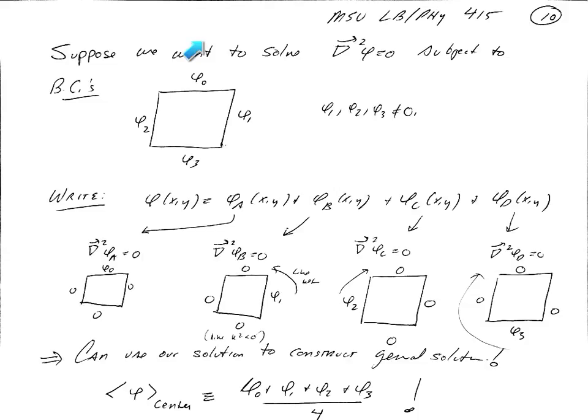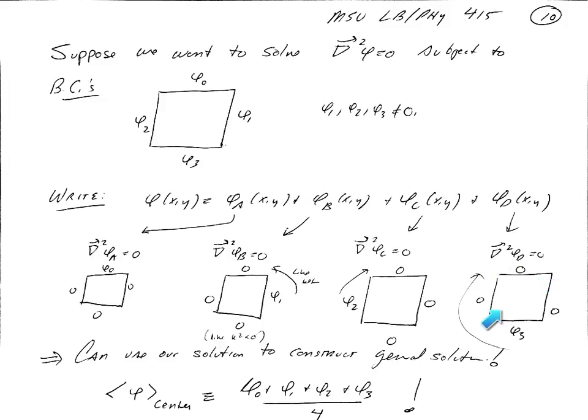Well, think about it this way. We can imagine writing phi as the sum of 4 different functions, phi a, phi b, phi c, and phi d, where each of these satisfies Laplace's equation, but each one satisfies it for a different boundary condition. Phi naught here with zeros, phi 1 here with zeros, phi 2 here with zeros, and phi 3 with zeros.